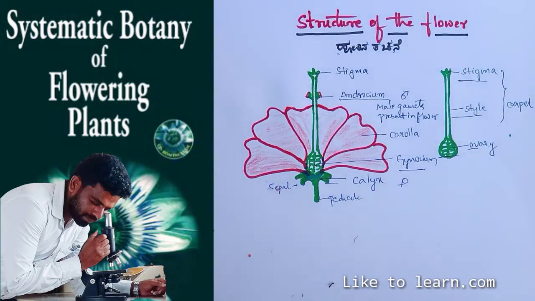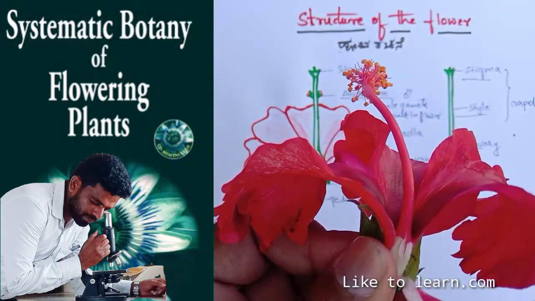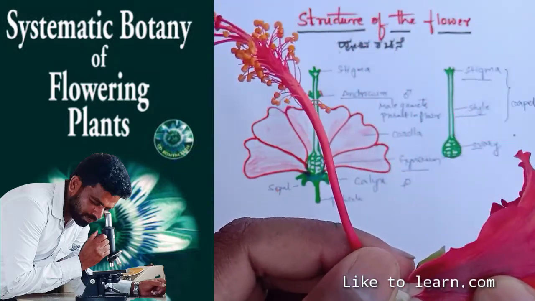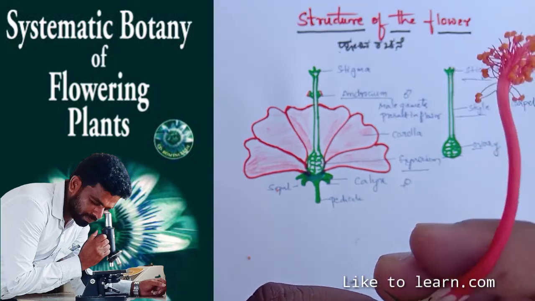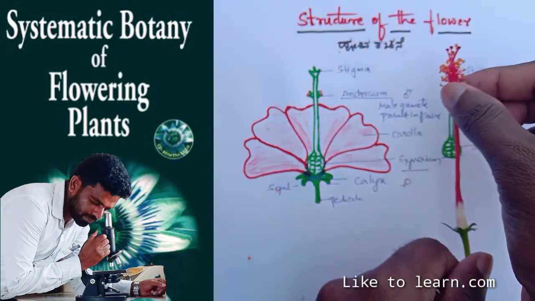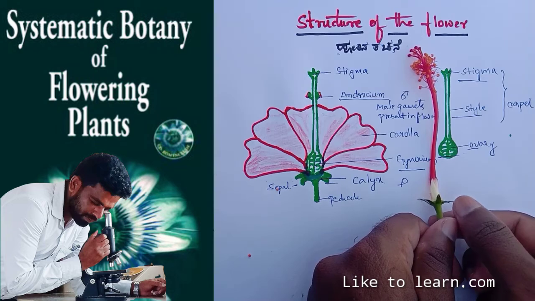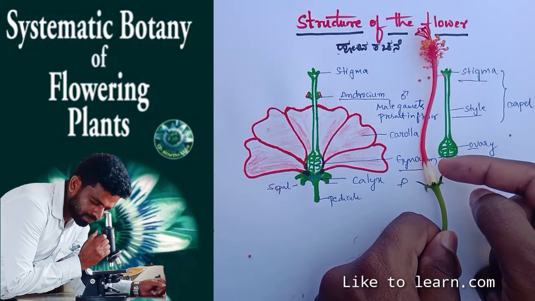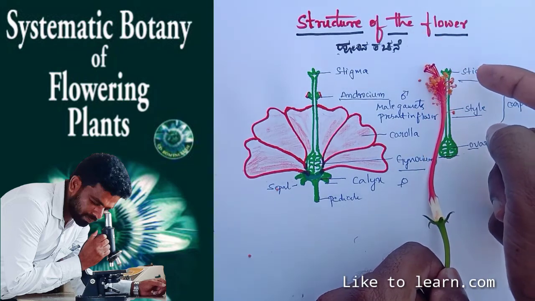See, in this flower, this is the carpel, consisting of basal ovary, elongated style, then stigma.